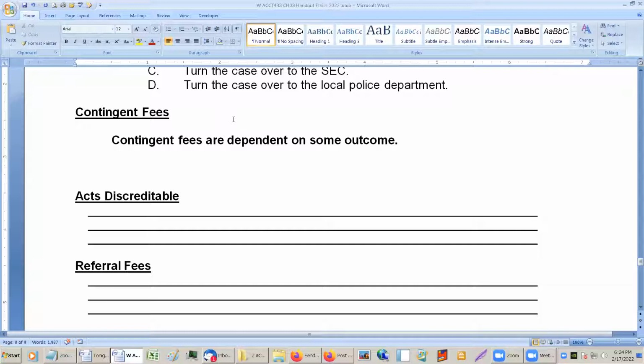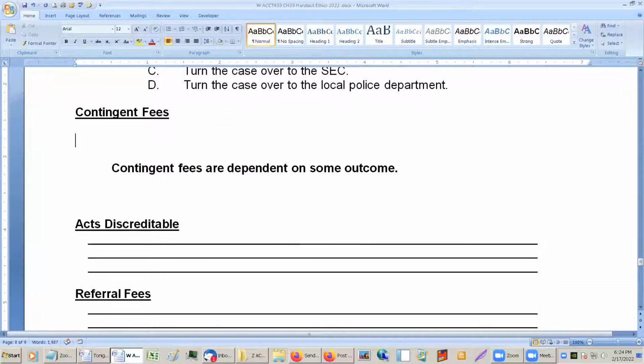Let me put something up here. Flat fees.